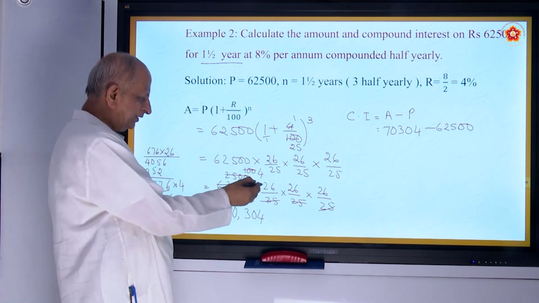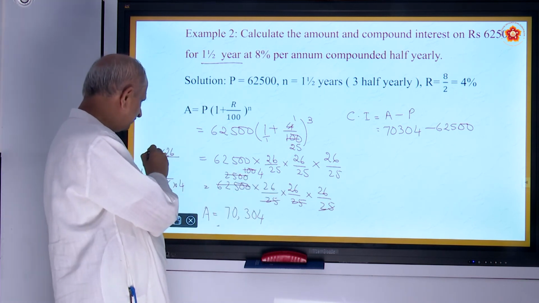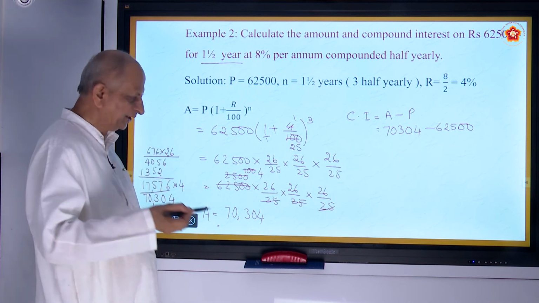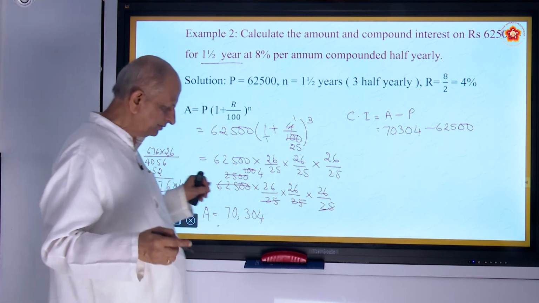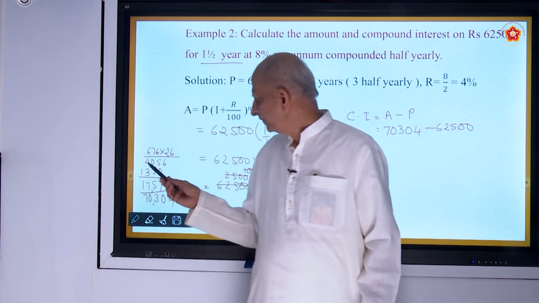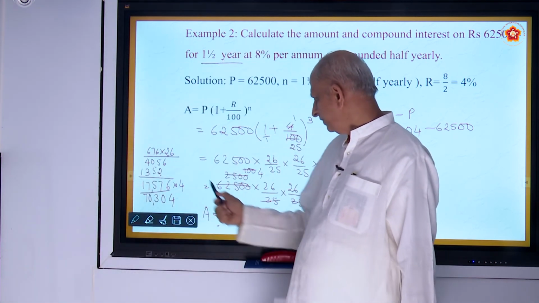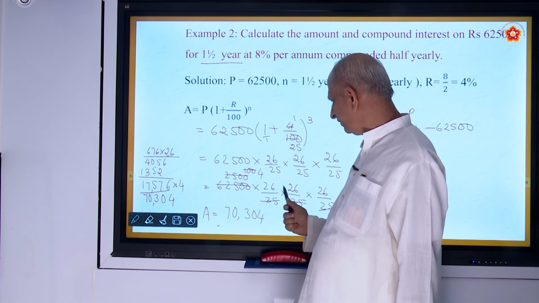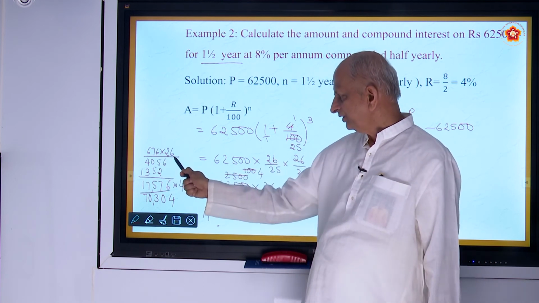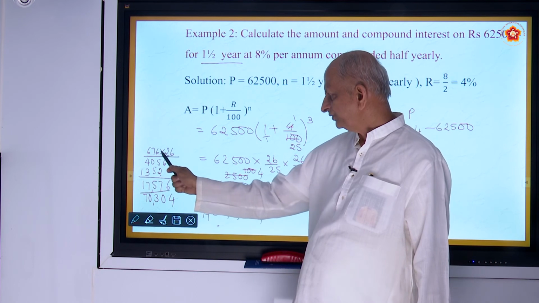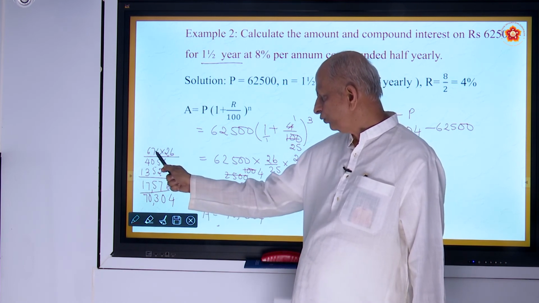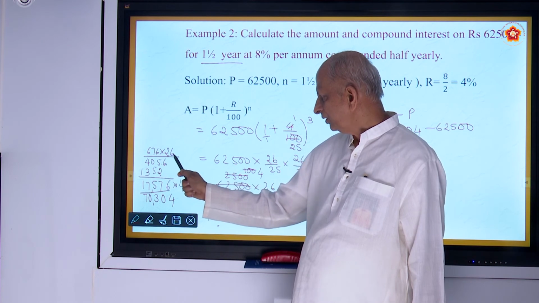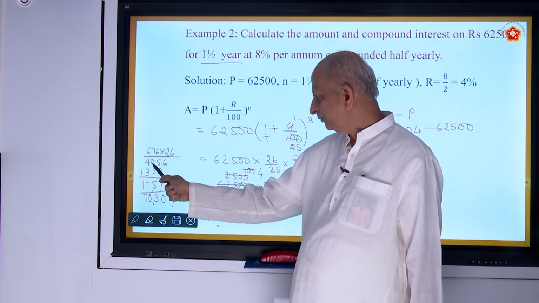So, if you multiply 26 into 26, you get 676 into 26. Are you seeing it? Can you see it? See here. This 26 and 26 is 676 into 26. 6 6s are 36. 6 7s are 42 plus 3, 45. 6 6s are 36 plus 4, 40.